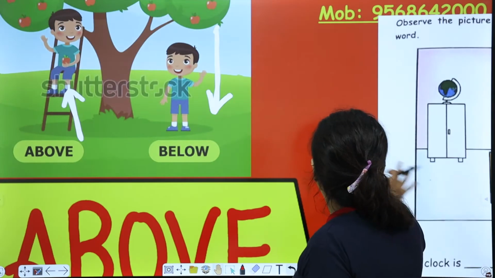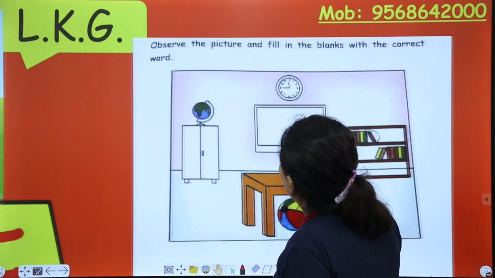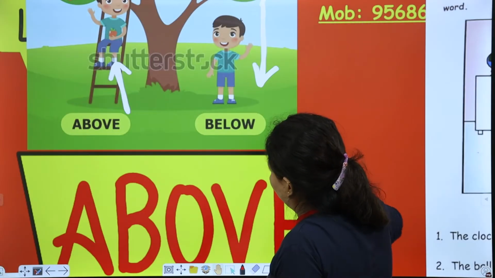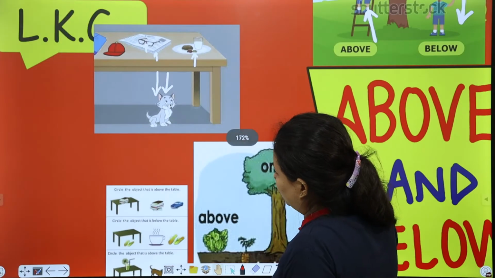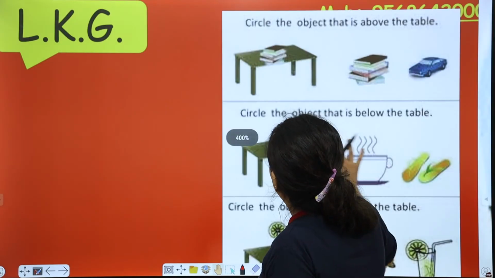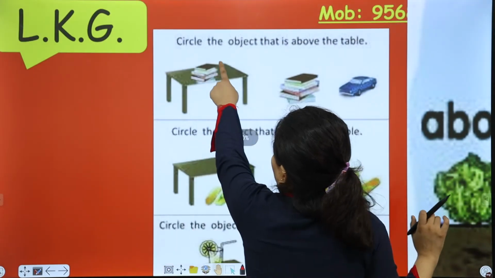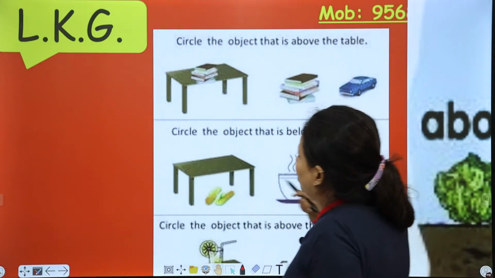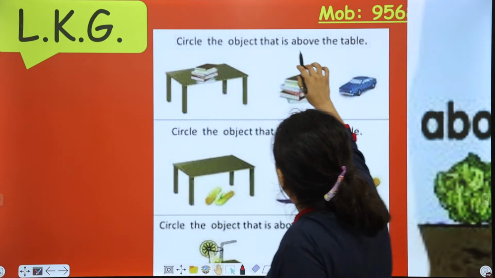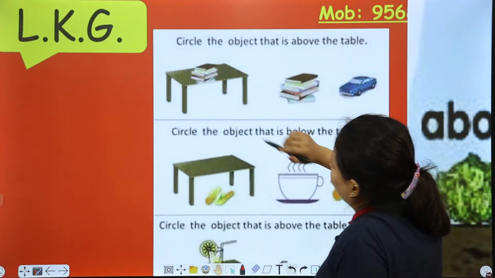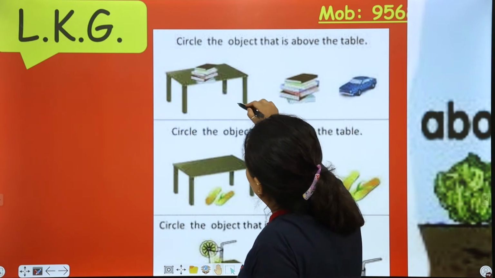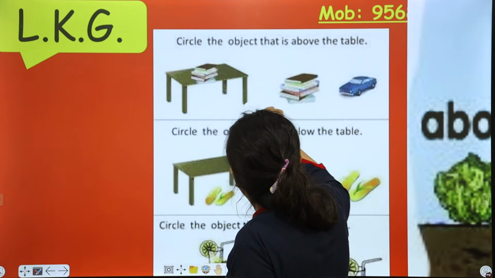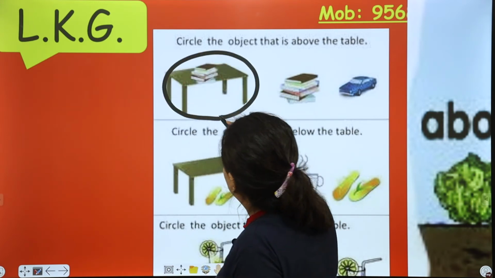Now next one is: observe the pictures and fill in the blanks. Okay, we will do it in the end. Now next one is: circle the object that is above the table. These books are above the table, so now I will make a circle like this.